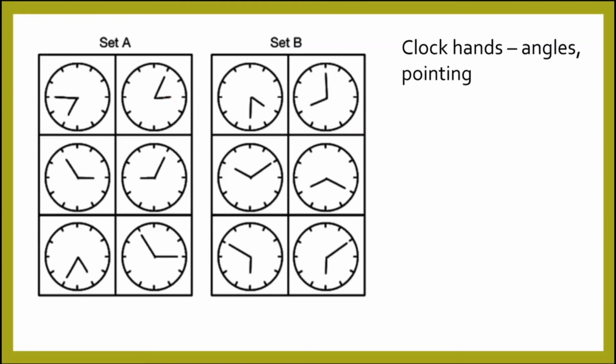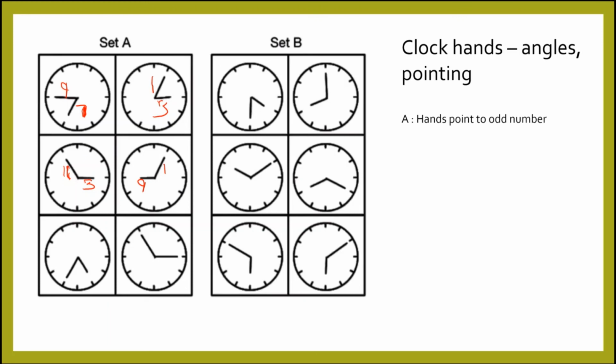So next, if I look at what they are pointing at, I can see this is pointing at 7, this is pointing at 9, this is pointing at 3, this is pointing at 1, this is pointing at 11, that's pointing at 3, that's 9, that's 1. So I soon realize that all of them are pointing to odd numbers. So I will have my rule there. A: hands are pointing to odd numbers.